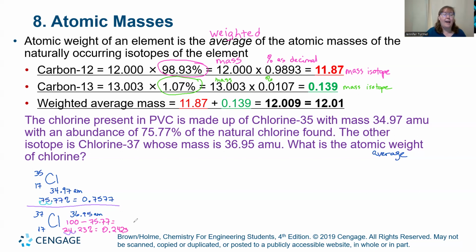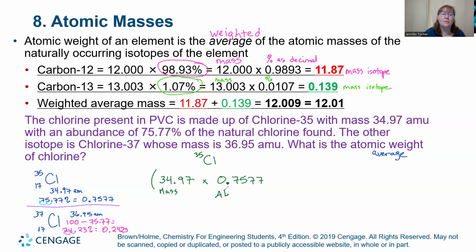Now let's go ahead and take a look at our whole thing. We can put these together. For your first isotope, chlorine 35, it's your mass of 34.97 times your percentage here as a decimal, 0.7577.